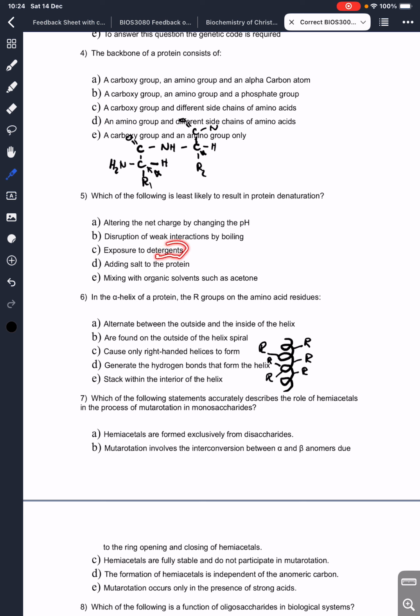Exposure to detergents like SDS, sodium dodecyl sulfate, can destroy a protein. But adding salt to the protein is something that most proteins will certainly survive. So this is the least likely to have an impact on the structure of the protein. Salt will most likely not lead to denaturation, and therefore this would be the correct answer.